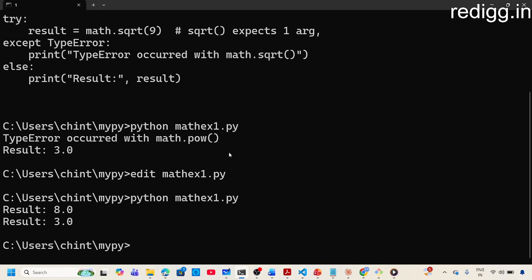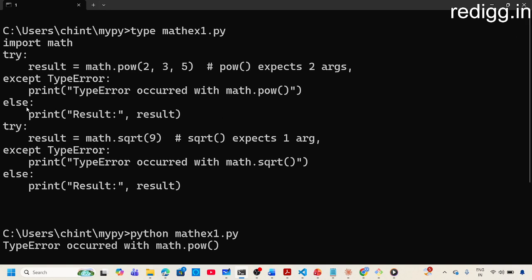If I make a mistake in both of them, then obviously you will get 2 errors. At both places it will say TypeError occurred with math.pow, and the next line will be TypeError occurred with math.sqrt. So this is about the TypeError and how to capture it using the try-except block.